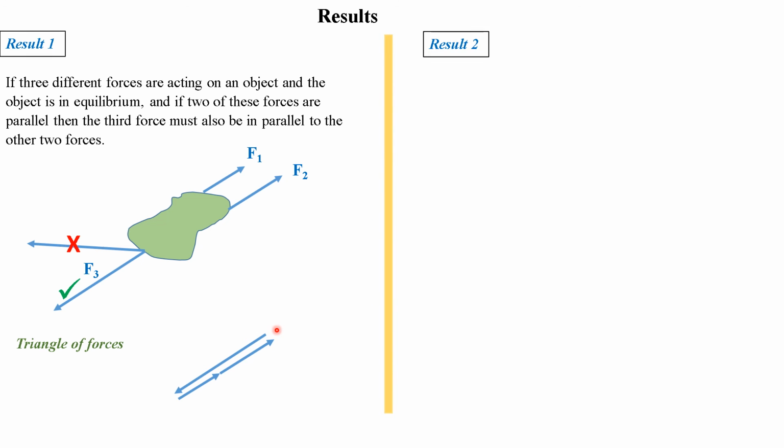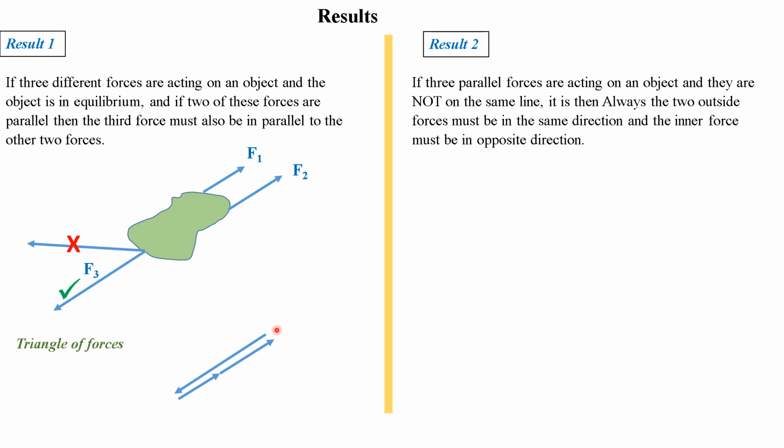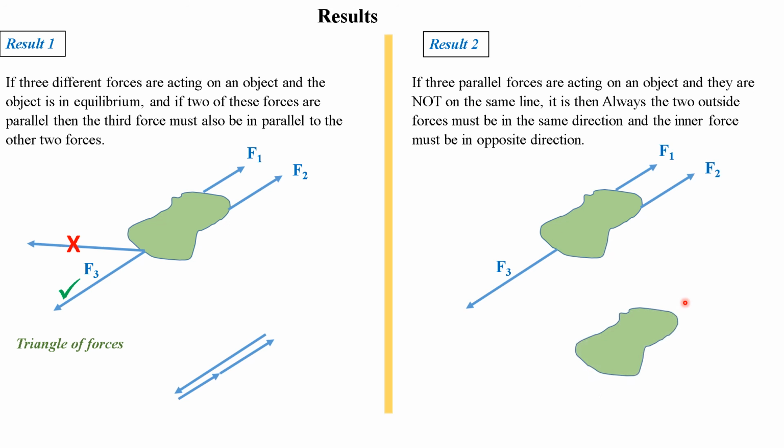The second result: if three parallel forces are acting on an object and they are not on the same line, then always the two outside forces must be in the same direction, and the inner one must be in the opposite. So for example, if I have three parallel forces acting on an object, definitely the two outside, and this is going to be the inner one, the two outside must be in the same direction, and the inner one must be opposite to them, otherwise the equilibrium cannot be achieved.